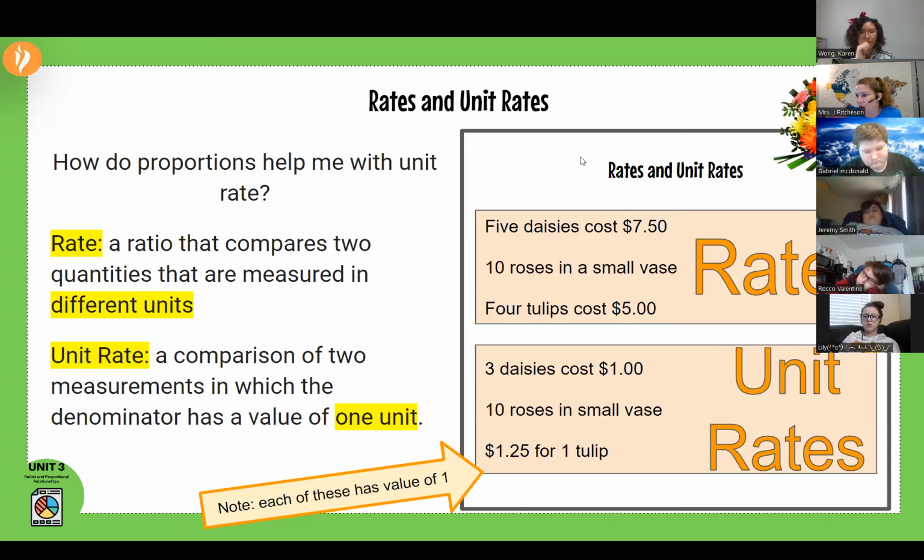Okay. So it's important as you get older and you go buy groceries and you want to save as much money as you can, you want to get the best buy for your money. You want to buy the biggest amount of food that you will eat for the cheapest rate. And the good thing about most grocery stores is they actually have the unit rate listed on the sticker on the shelf.